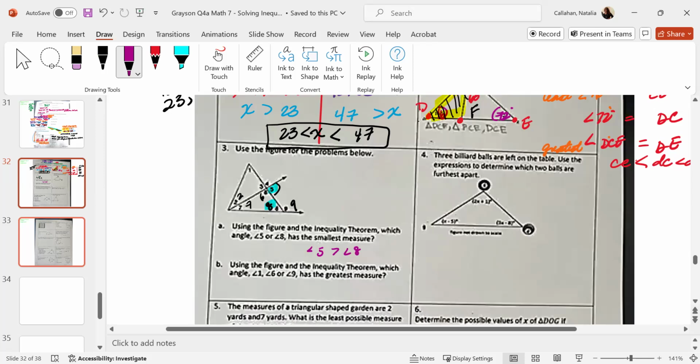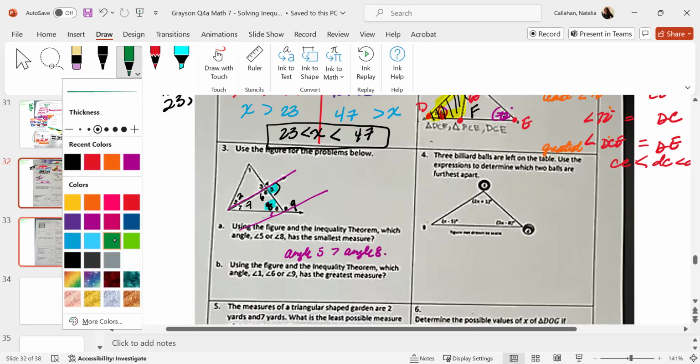Because if you think about it, if I have a line that's parallel to this line right here, then remember alternate interior angles: 5 and 8 plus this little piece right there would be equal, but it's not. Do you see that? So draw that, make sure you show it. Then you just put angle 5 is greater than angle 8.